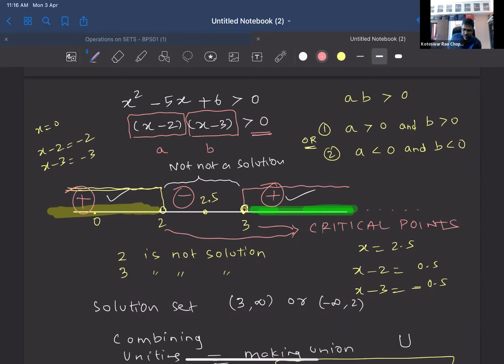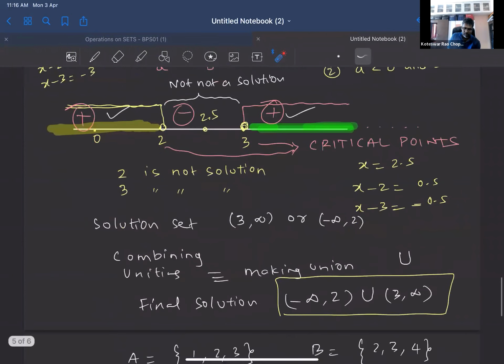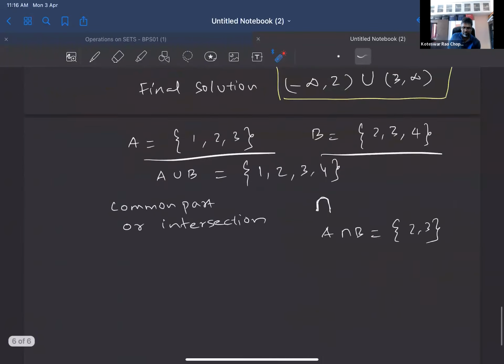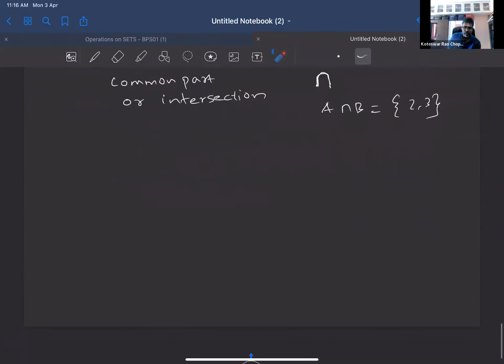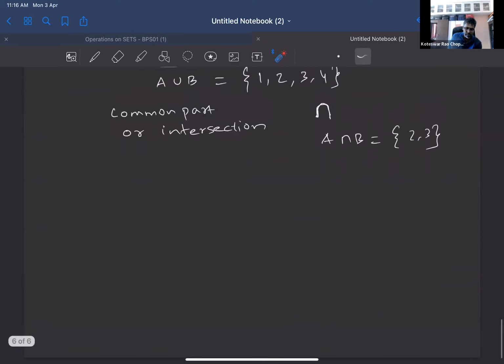So this becomes your solution and this becomes your solution. You get the point? If you are solving JEE problems later on, you would be doing this, but right now we'll take simpler cases.